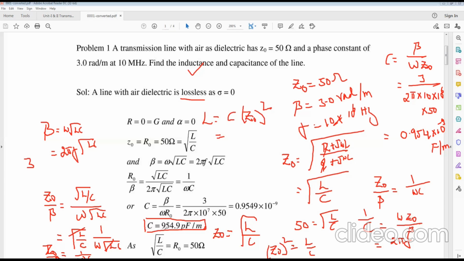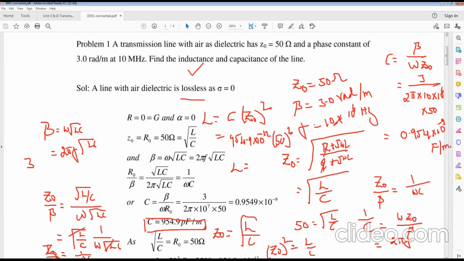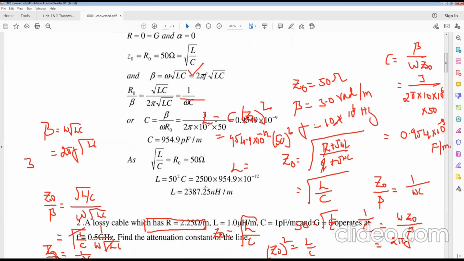We got 954.9 picofarads, meaning 10 power minus 12, and the 50 is given for the Z naught, 50 square. Simplify this, we'll get L is equal to 2387.25 nano, nano means 10 power minus 9, henry per meter.